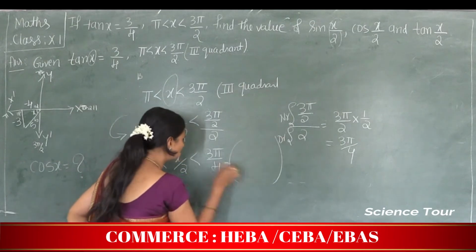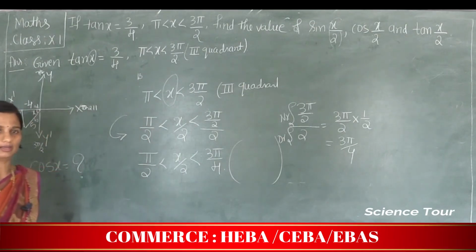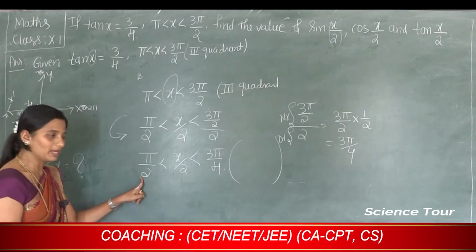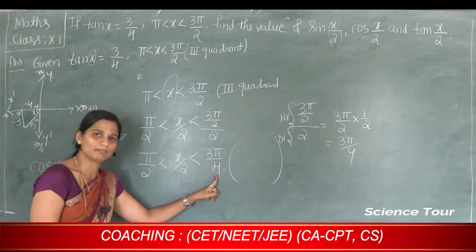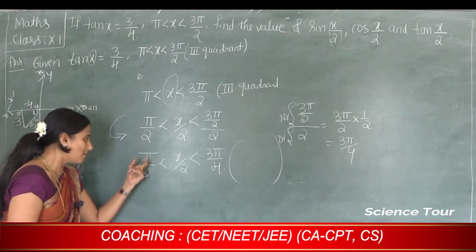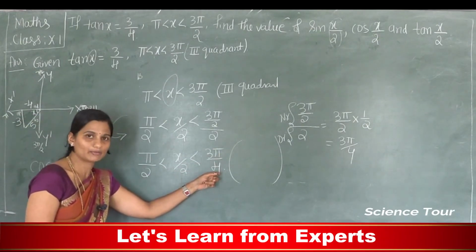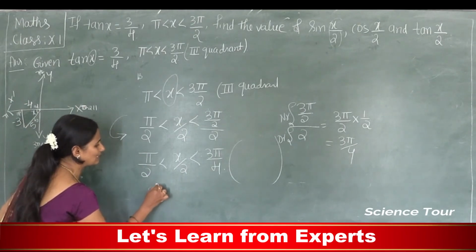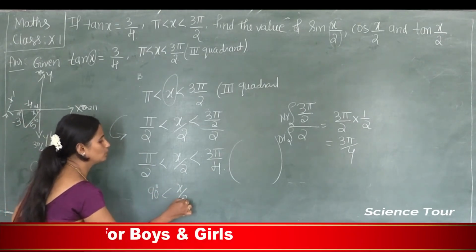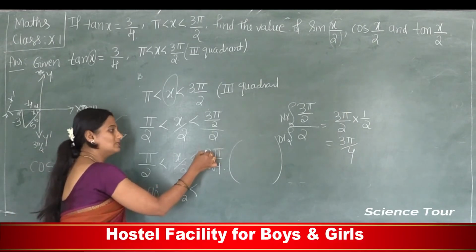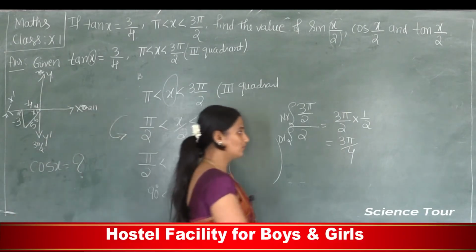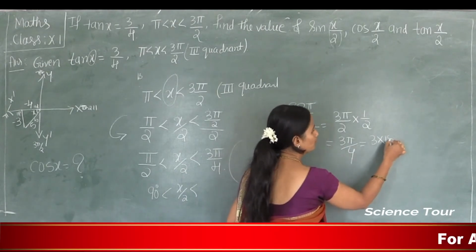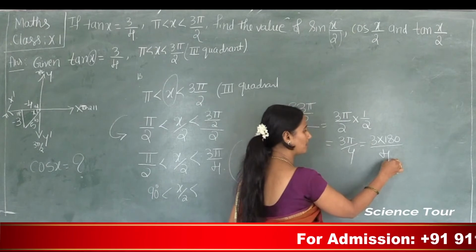Now you have to check this is in which quadrant. The angle x by 2 lies between pi by 2 and 3 pi by 4. Pi by 2 means you know this is 90 degree, right? Now you have to calculate what is your 3 pi by 4. What is the angle? 3 pi by 4. 3 into 180 divided by 4.